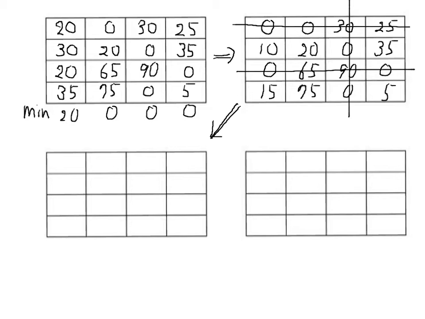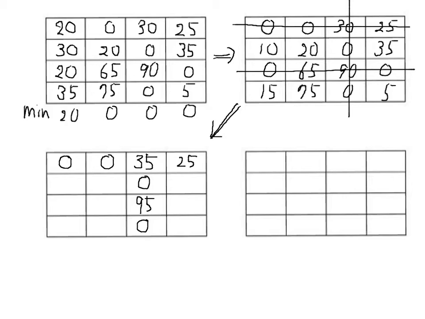Add 5 to the intersection, so there'll be 35 here, and the ones that have just one line going through, you just copy those numbers. So 35, 0, 95, and 0. Over here, you've got 0, 0, and 25.